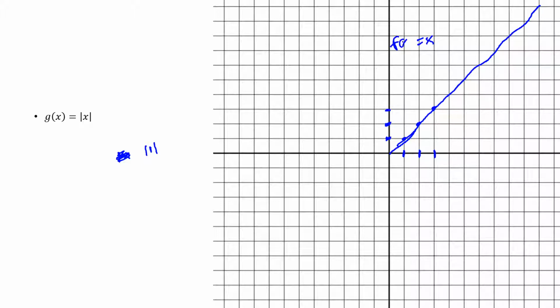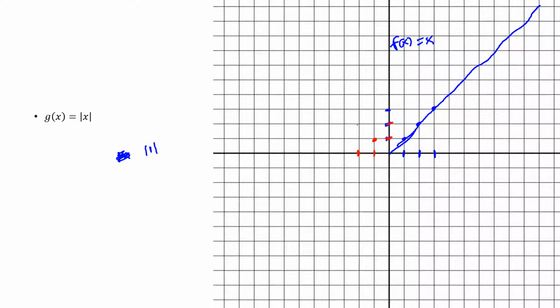So in other words, on the right-hand side of our graph, we would just have the function f of x is equal to x. Let's say we want to do the left side of our graph. So we have negative 1. How far is negative 1 from 0? Well, it's going to be 1 space. Negative 2. How far is negative 2 from 0?